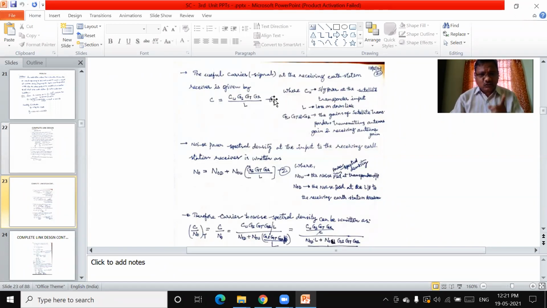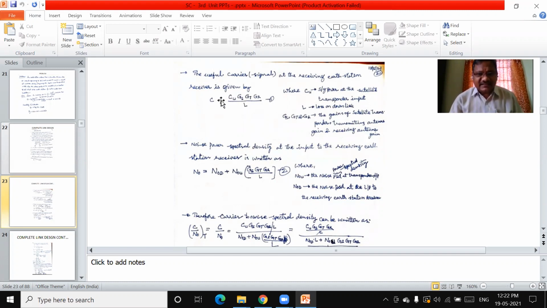In fact, to get this first equation, we took the help from the first Friis transmission equation. Now you can see here the useful carrier power at the receiving earth station receiver.